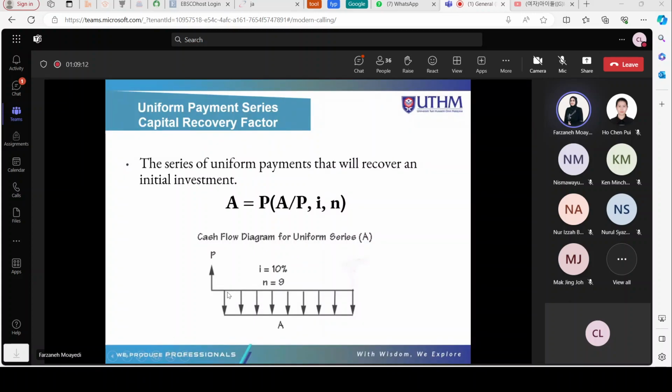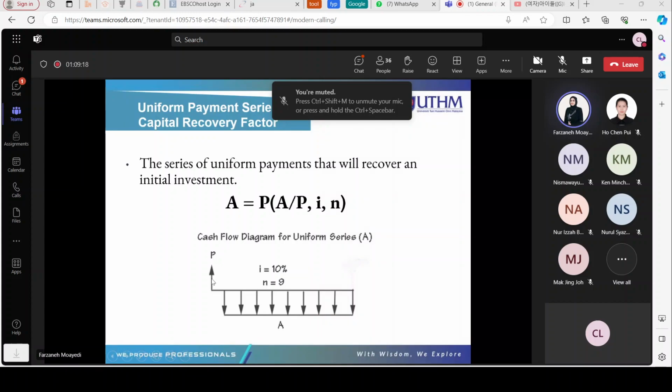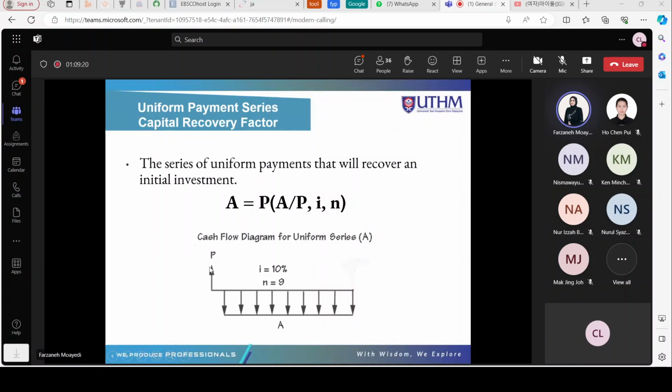You can understand that this is the principal or the present value. Here you have added something to your account because it's an arrow upward. It's like a plus. So for example, here you got a loan, you have received money. Before this, in a single payment, we only had one arrow down, which means only one payment at the end of the period.